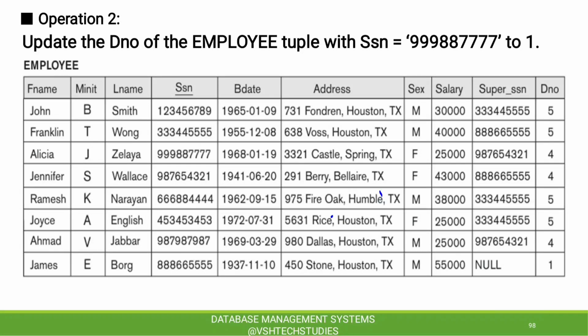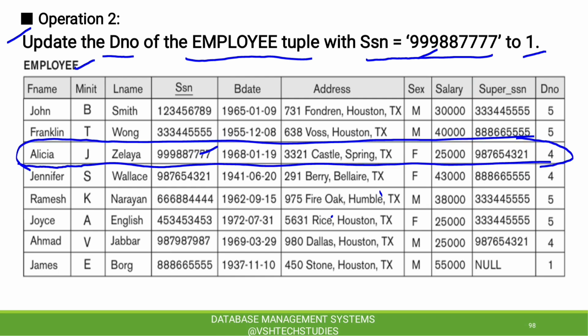Next we shall see the second update operation, that is, update the DNO of the employee tuple with SSN equal to 999887777 to 1. That means in the employee relation, where SSN equals 999887777, the DNO value in this tuple must be modified to 1.